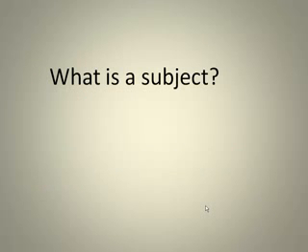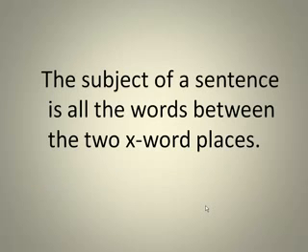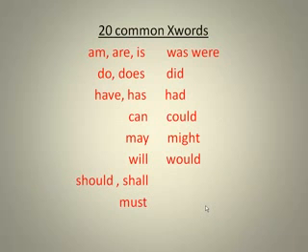Before we go on to the predicate, we do have to decide what is a subject in a sentence. The subject of a sentence is all the words between the two X-word places. The 20 common X-words are listed in red: am, are, is, was, were, and then the words below them.